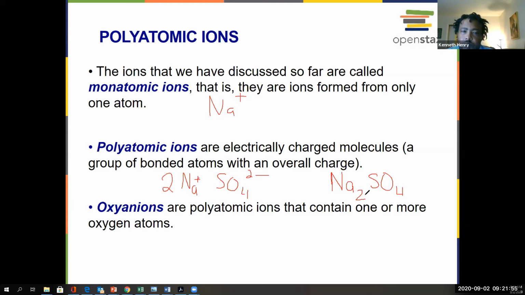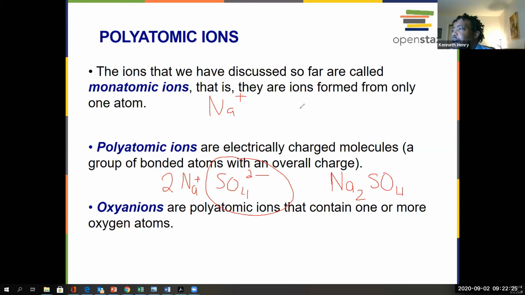Okay? Do we cross multiply here? In a sense you can cross multiply, or you could just write out the fact that you need 2, because we know that sodium has a +1 charge and sulfate has a -2 charge. How many sodiums will I need to neutralize that -2 charge? 2. Okay.